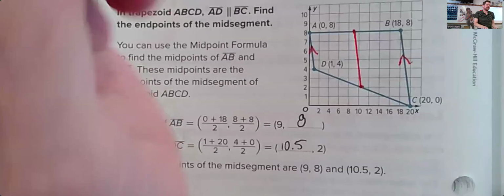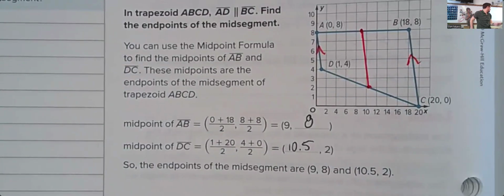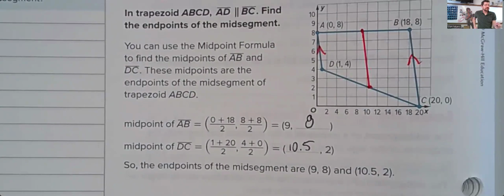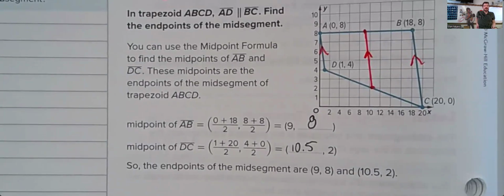Now, it didn't actually tell us to draw the mid-segment, but it just wanted the coordinates of the mid-segment. But if we draw it, that would end up providing us a third segment here that is parallel to the original bases.